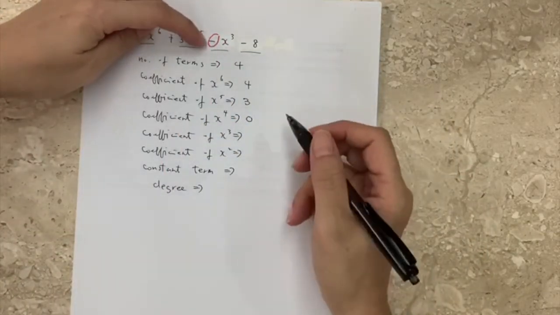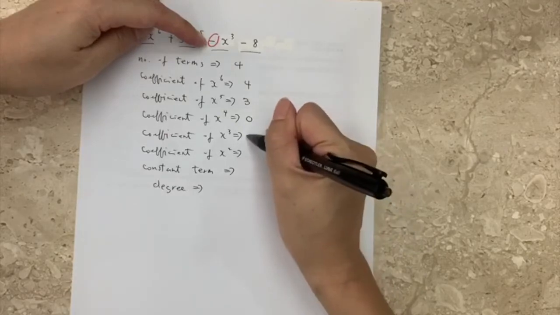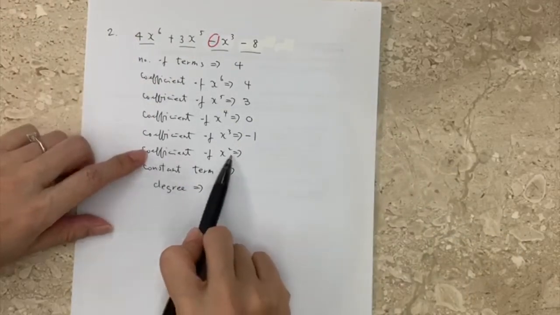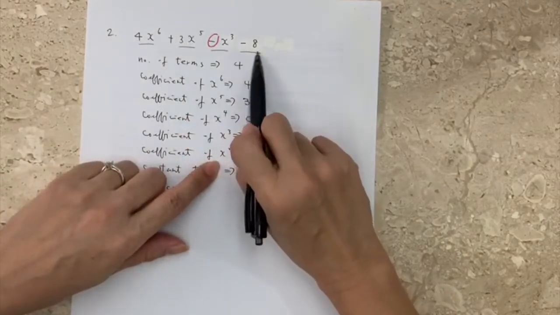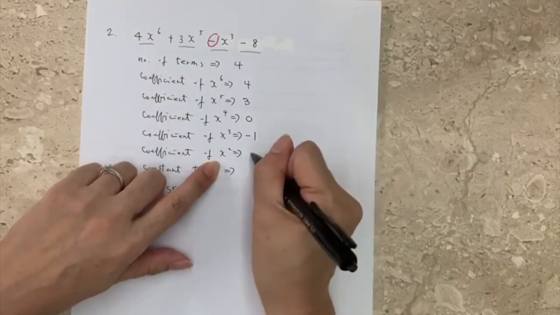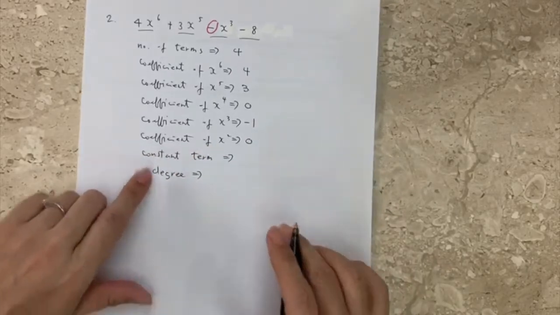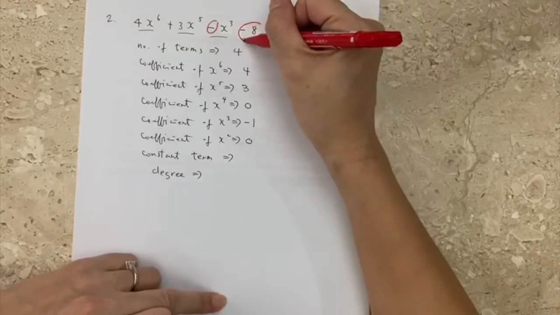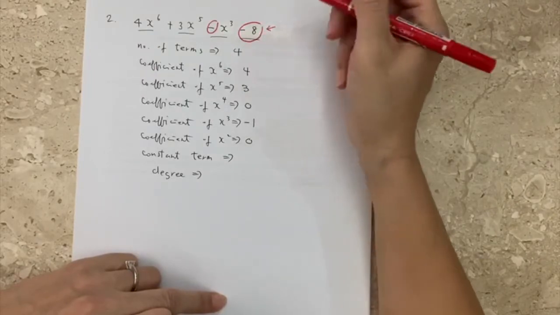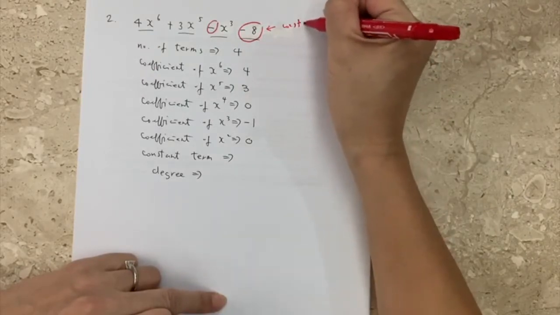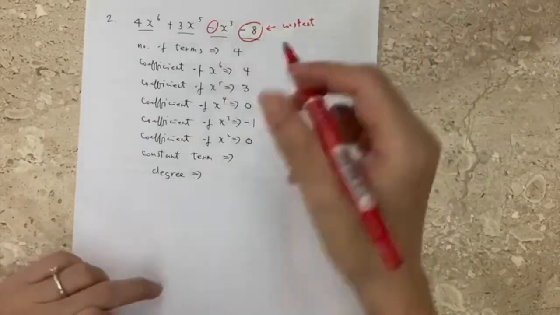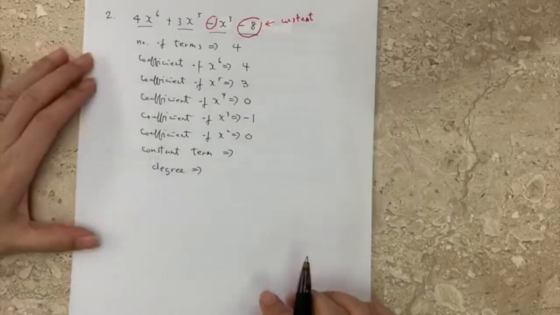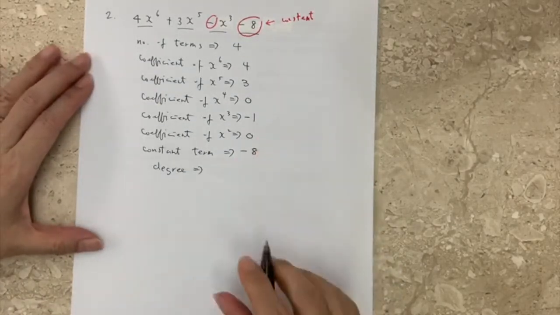And it is a minus 1, negative 1, so the answer is negative 1. Coefficient of x squared, we don't have any x squared in this polynomial, so we have 0 for that. And then constant term is always the one with no x. So minus 8 is the constant term in this polynomial.